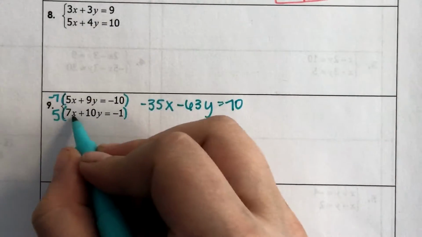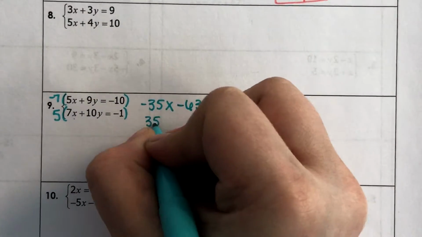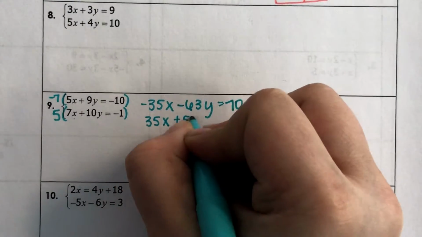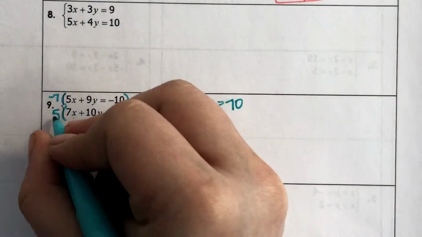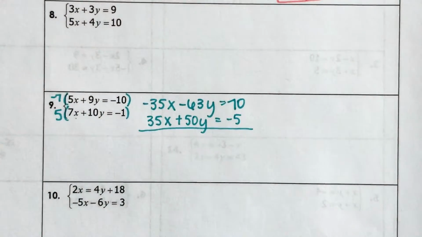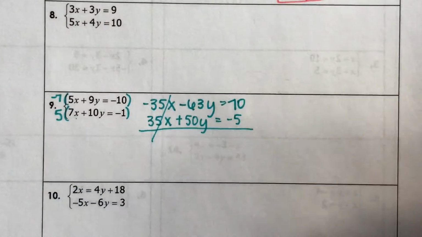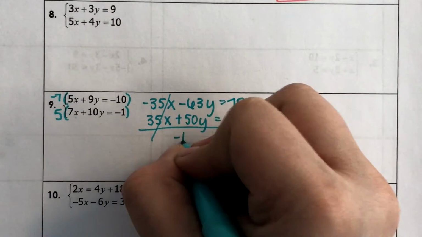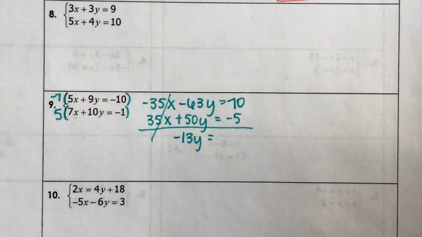So 5 times 7x is 35x. 5 times 10y is 50y. And then 5 times -1 is -5. So all I have to do is add these two together. So my x's cancel out. -63 plus 50 is -13y.